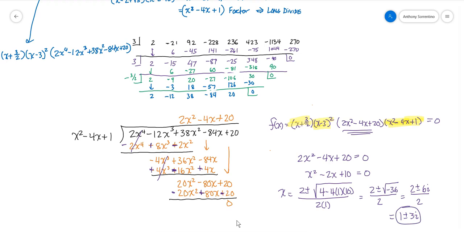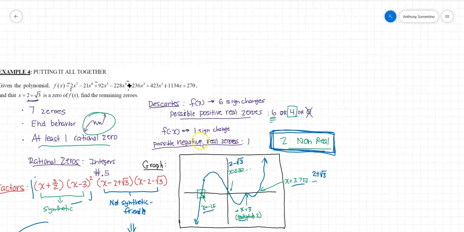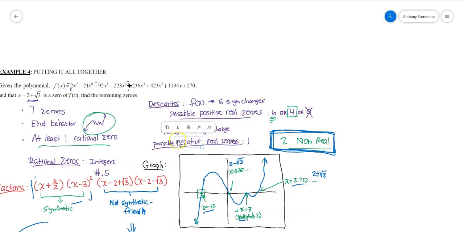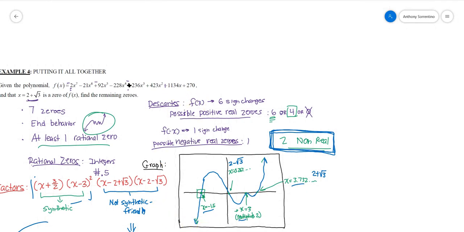So now I've established all of the other zeros. So I'm going to go back up and answer the question now. Find the remaining zeros. So the remaining zeros are 2 minus the square root of 3, negative 3 halves, 3.